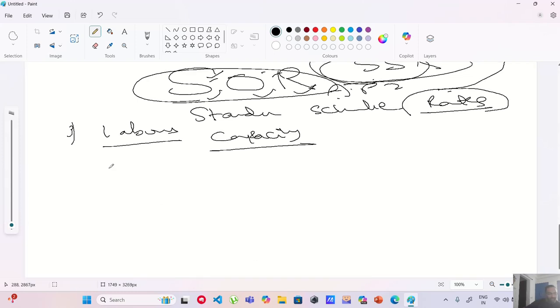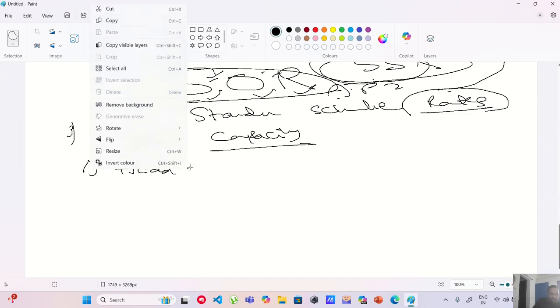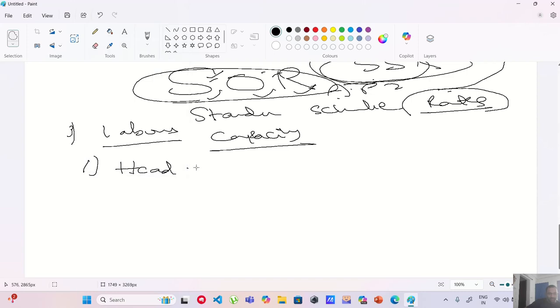First, we'll categorize the number of labors or different types of labors. First one is head mason. And the second one is mason.